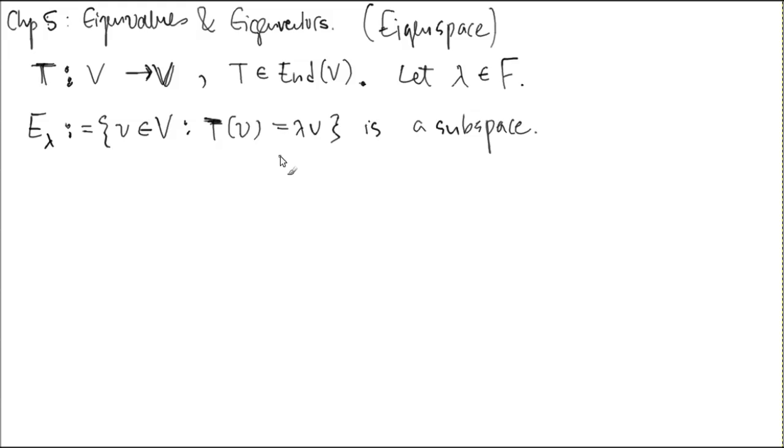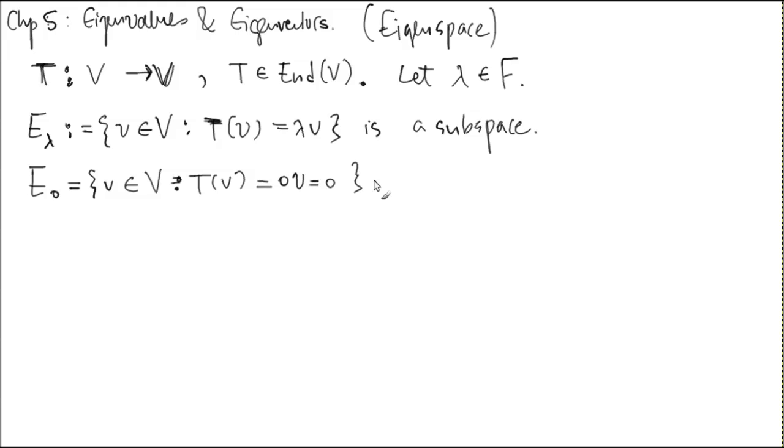All right? So in your intuition, what is this E0? This is the eigenspace for value 0, right? So lambda is going to be 0, T of V equals 0 times V, which is 0.